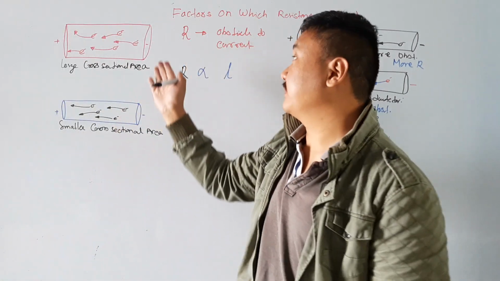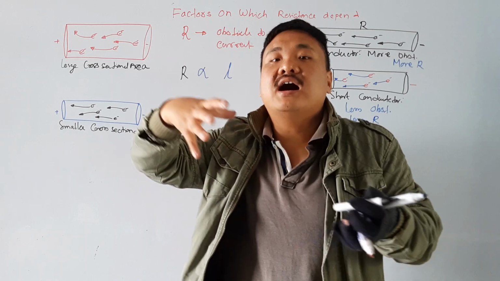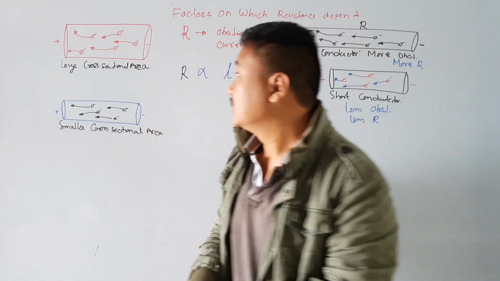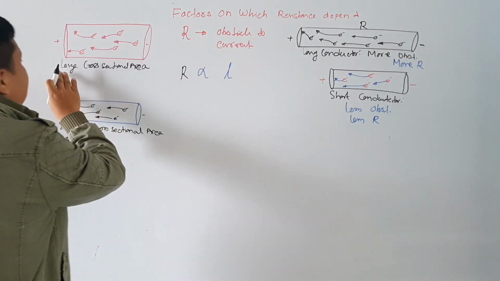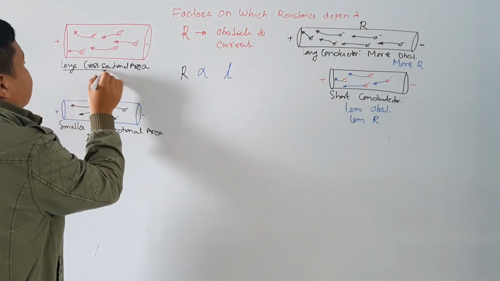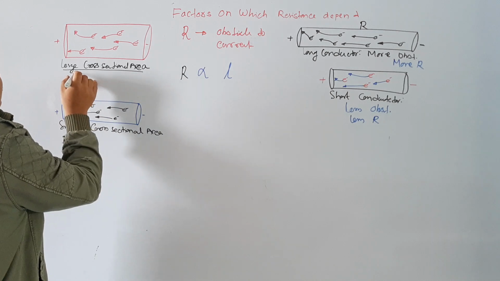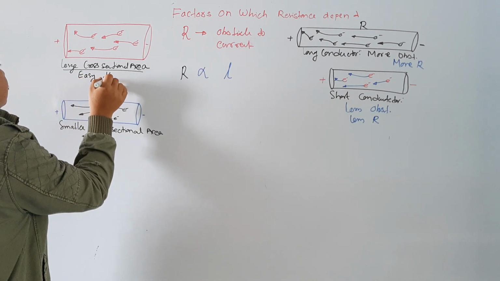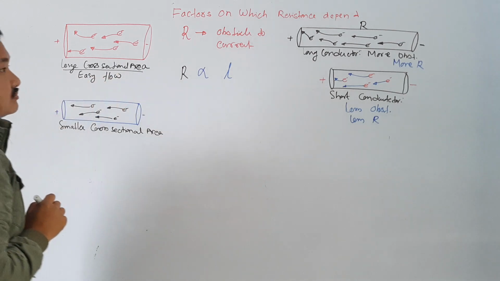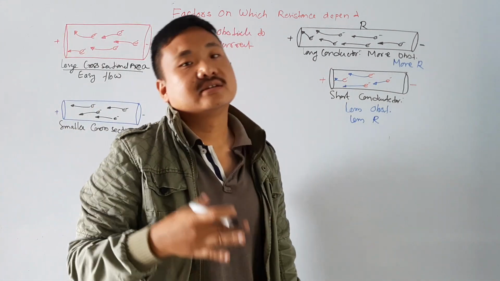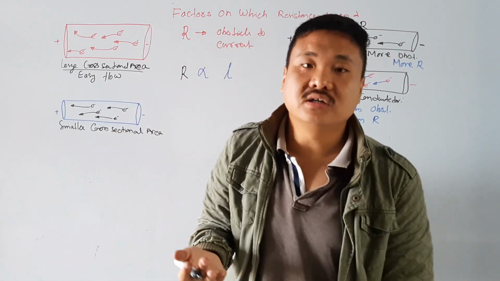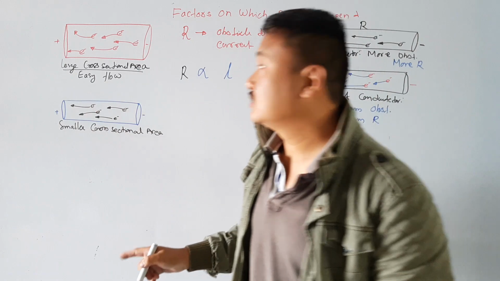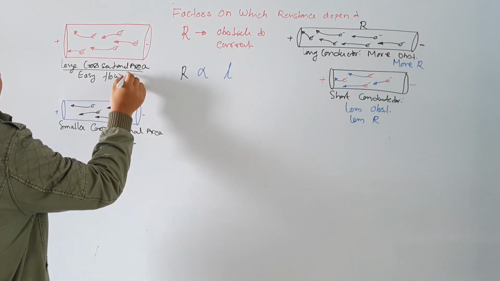This is like a pipe: if the pipe is large, then the water can flow easily. So if the cross section is large, there is easy flow of current.